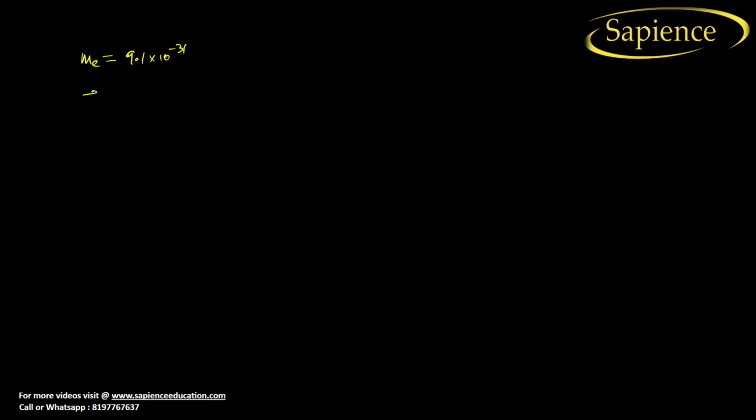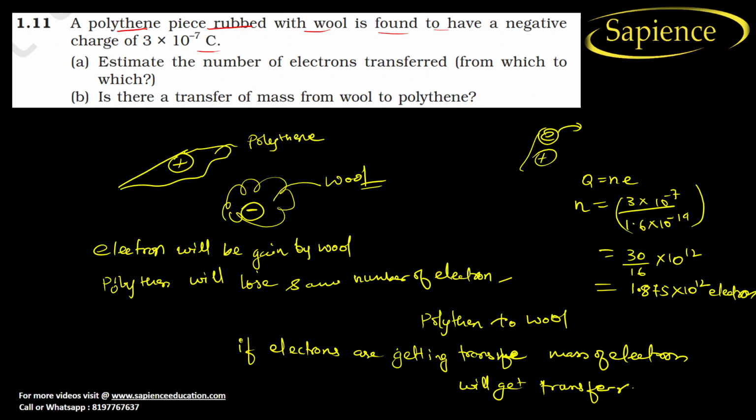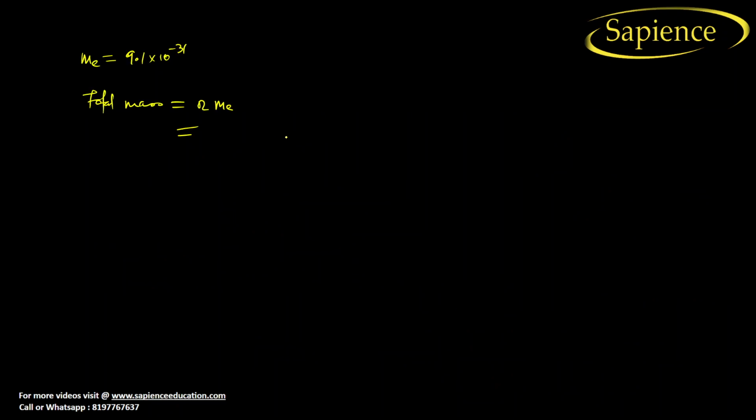So how much will the total mass of electrons be? Mass is equal to n into the mass of an electron. The number of electrons is 1.87 into 10 to the power 12, so 1.87 into 10 to the power 12 into 9.1 into 10 to the power minus 31.